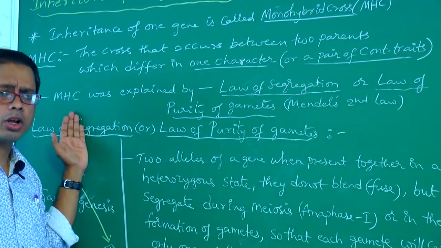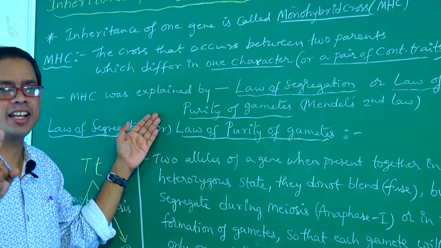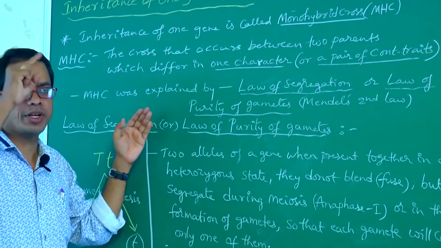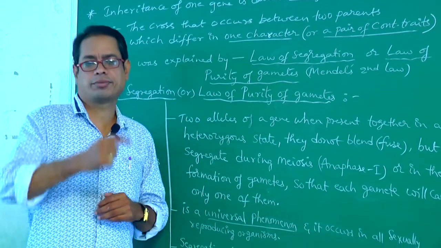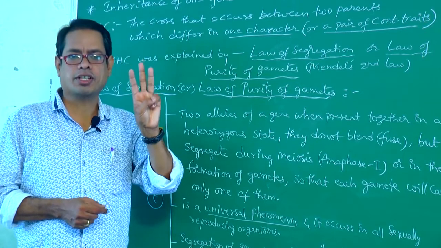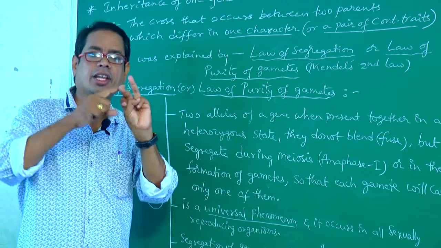Right. This monohybrid cross was explained by which law? Law of segregation, also called law of purity of gametes. This is Mendel's second law. Mendel proposed how many laws? 3 laws. First law, law of dominance. Second law, law of segregation.